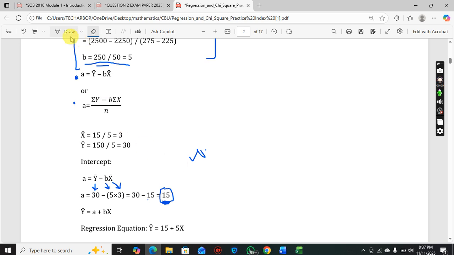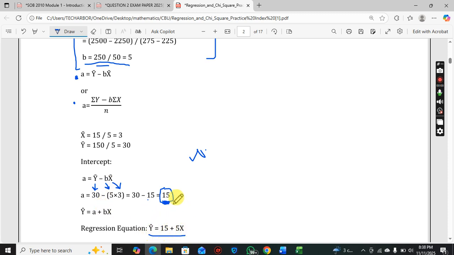Since we've got our a and our b, our intercept and our slope, we now just put them in the equation. A equals 15. B equals 5. So this is our regression equation. This equation is going to help us determine, predict our sales.